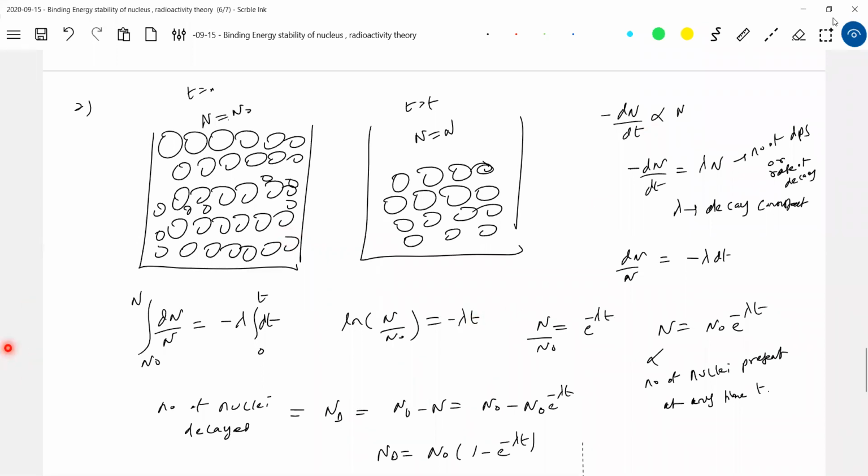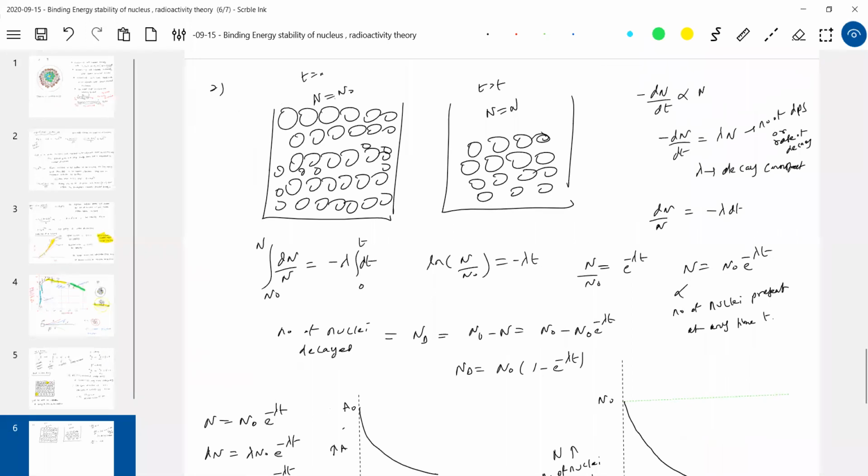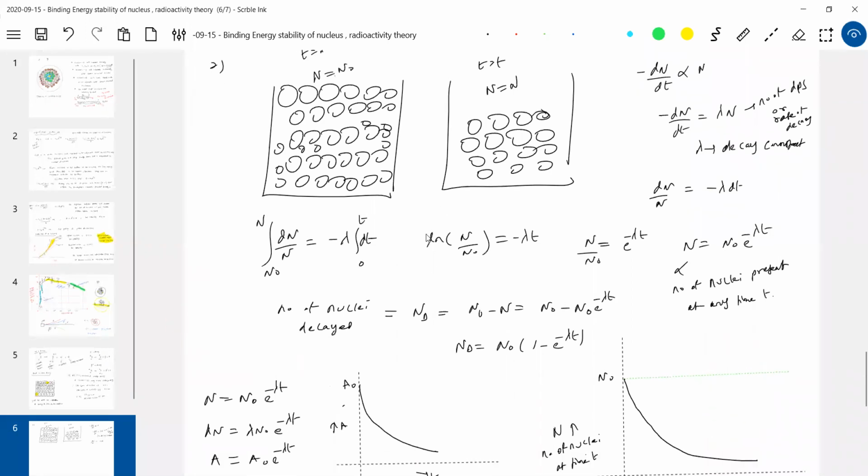Okay, this is about this one. Next, I'll increase the temperature. Will anything happen to this curve? No, nothing. I'll increase pressure. Nothing. I'll increase humidity. Nothing. The external parameters will not influence this decay process. By varying temperature, density, pressure, humidity, none of these parameters will influence this graph.